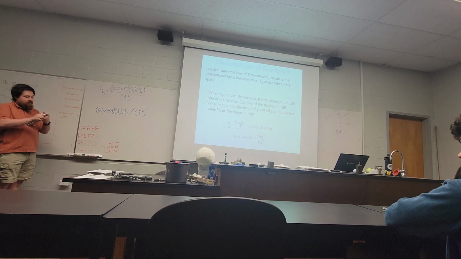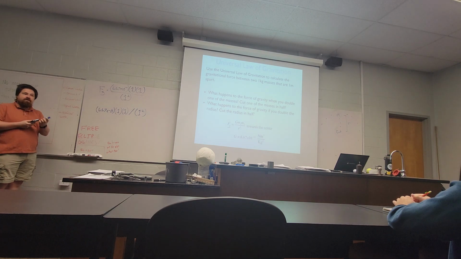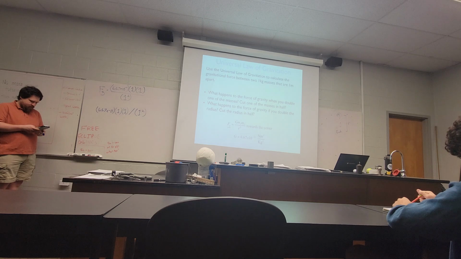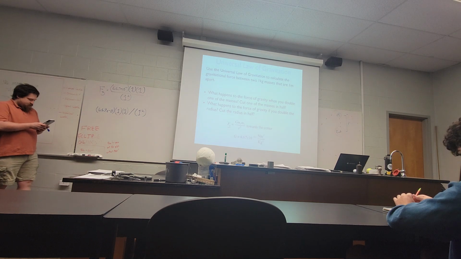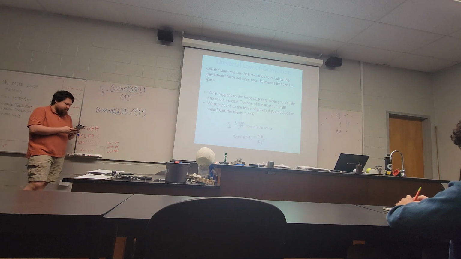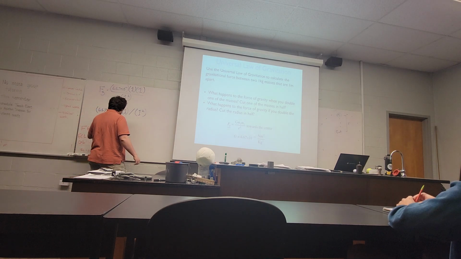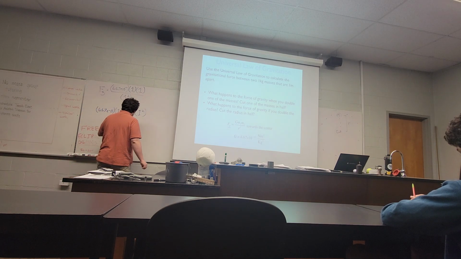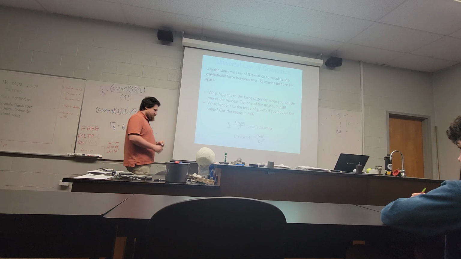If you wanted to do it all in one line, it should look like that, being very careful with the parentheses. 6.67 e negative 11, 1 divided by 1 squared. And the force of gravity you would get is 6.67 times 10 to the negative 11th newtons.